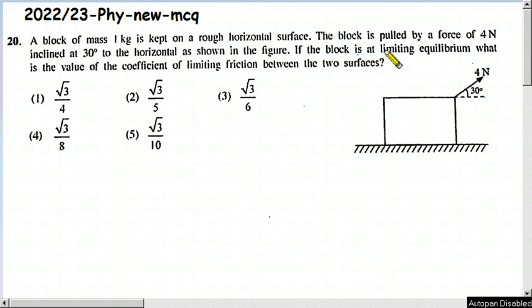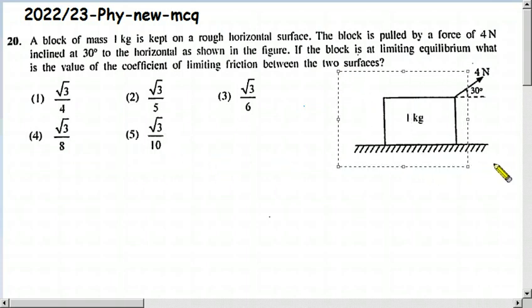If the block is at a limiting equilibrium, what is the value of the coefficient of limiting friction between the two surfaces? Root 3 divided by 4, root 3 divided by 5, root 3 divided by 6, root 3 divided by 8, root 3 divided by 10.